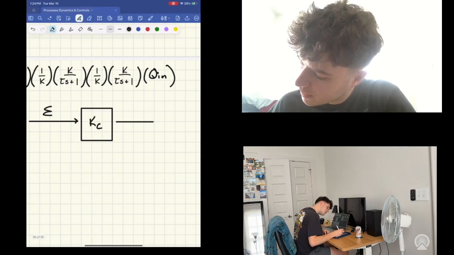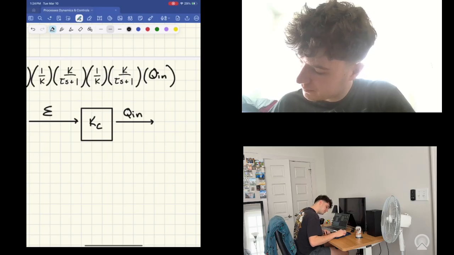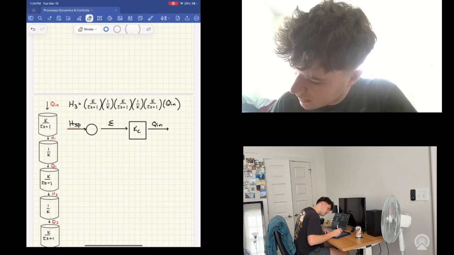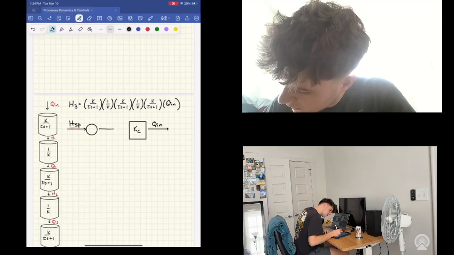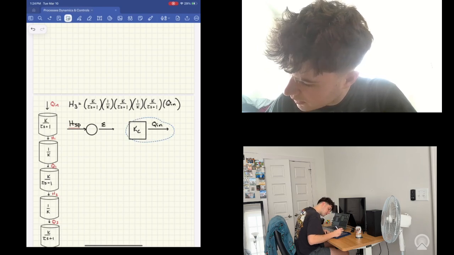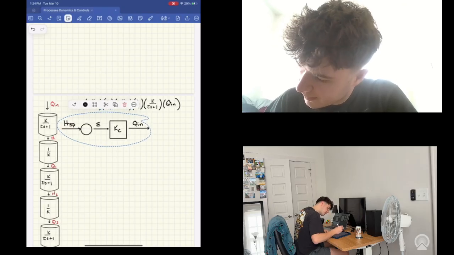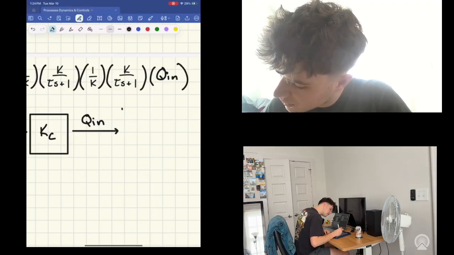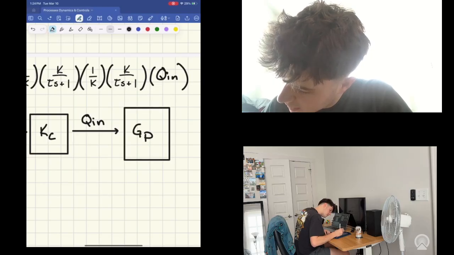And then from here we will have Qin. You know what? We're going to adjust this so we can make things fit a little bit better. Bring you over, and then move you over. Perfect.